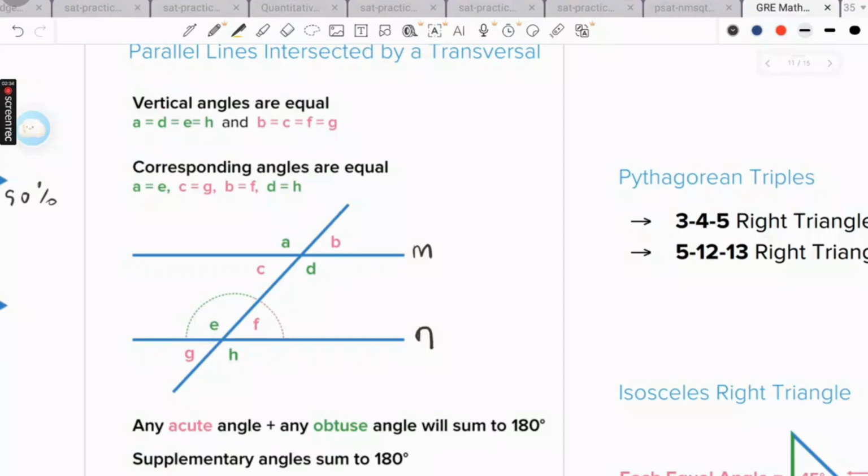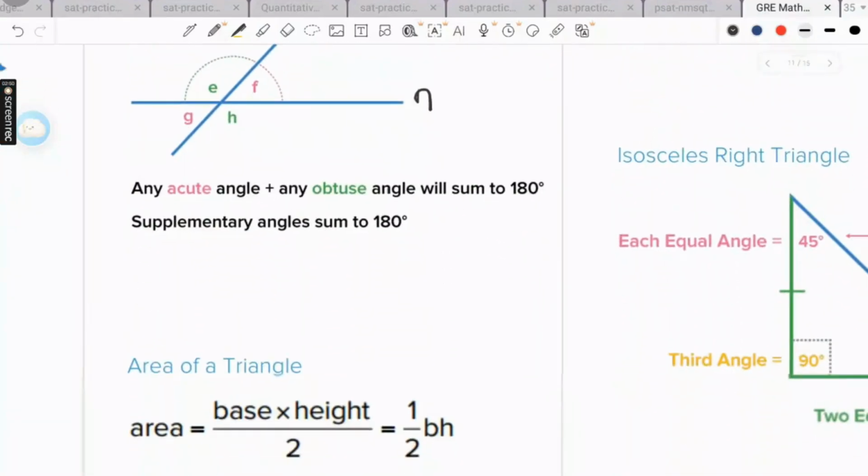Remember, M must be parallel to N. So all these relationships can continue. If A equals E, then E equals H, and so on.